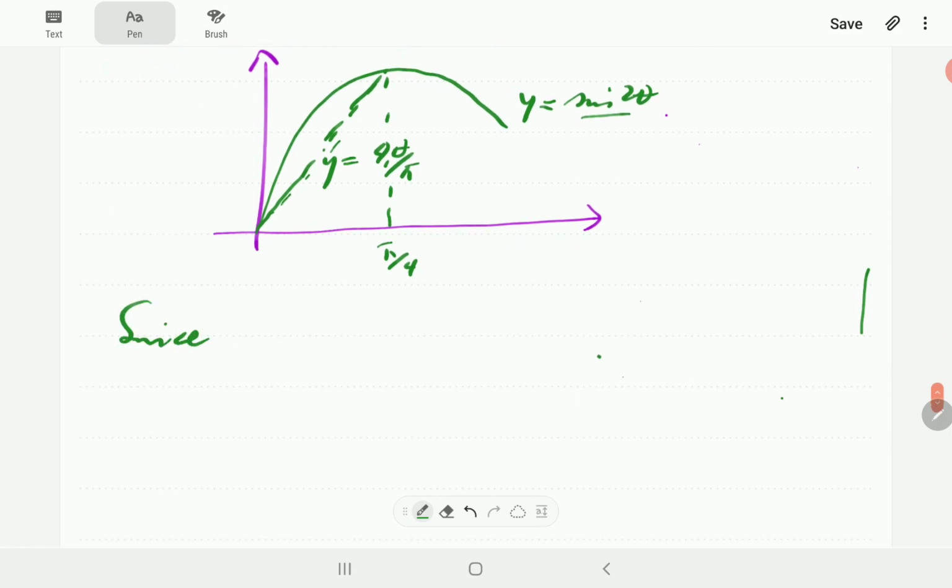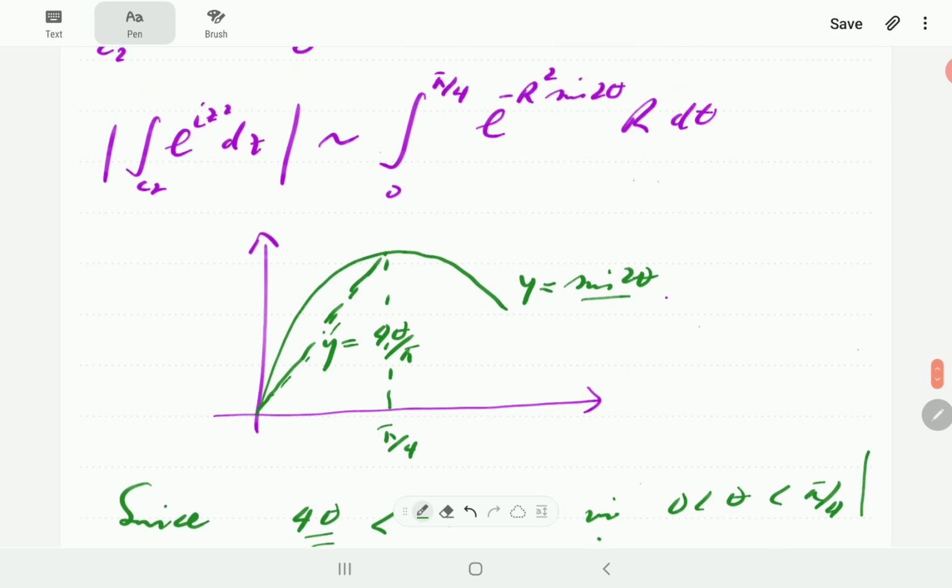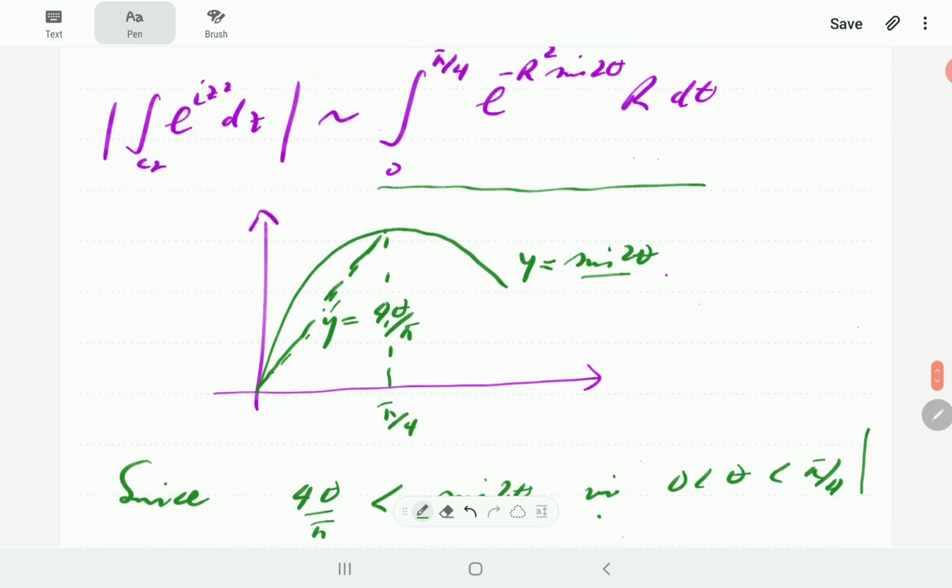Now notice that this curve is always bigger than the straight line, since 4 theta over pi is always less than sine 2 theta in the interval where theta ranges between 0 and pi over 4, which is the interval of our integration here.